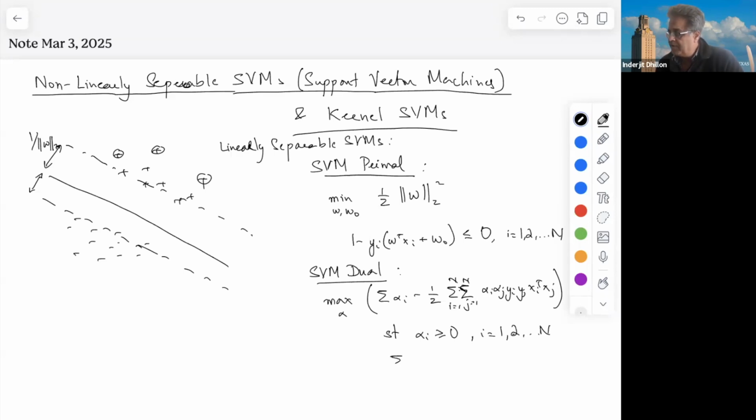And then we have one additional balancing constraint, which, if you recall where it comes from, is from doing the minimization over W naught, saying that the hyperplane does not necessarily pass through the origin: summation of alpha i yi equals 0.